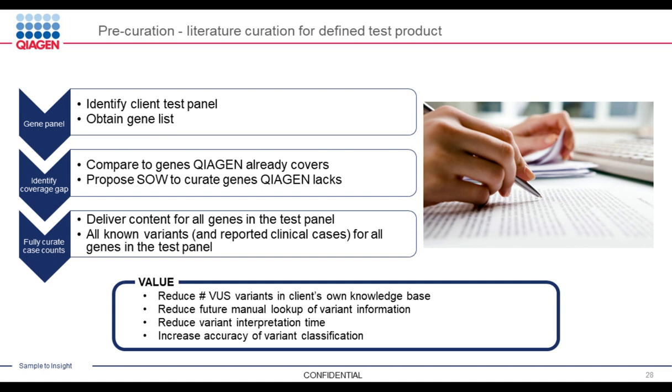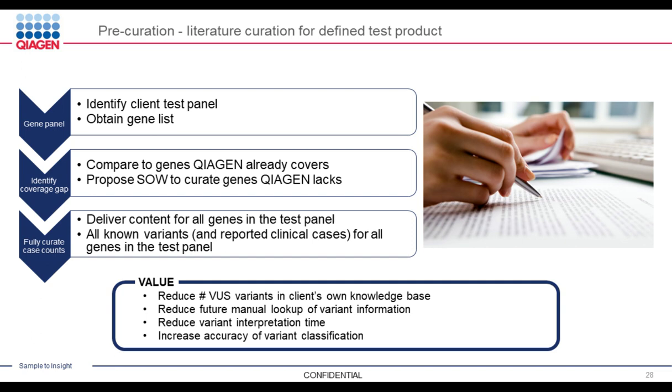We will work with you to see what genes we already cover and ones that we don't, and quickly prepare a statement of work to curate the gap in coverage, and then finally deliver that content for your entire test panel, as well as all reported clinical cases, which is very important for triggering the BS4 and the PS4 criteria of the ACMG classification scheme.